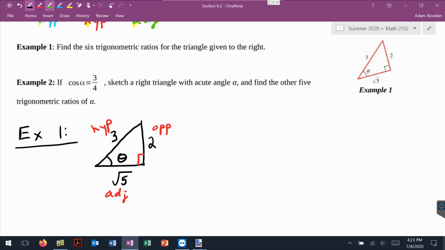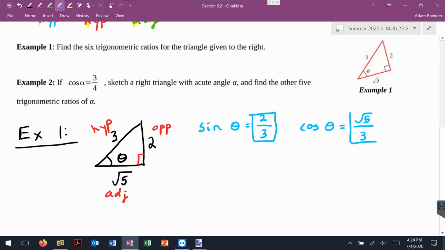What we're going to do here is write out the values starting with the sine of theta. Sine of theta would be opposite 2 over hypotenuse 3, so 2/3. The cosine of theta would be the adjacent square root of 5 divided by the hypotenuse 3.